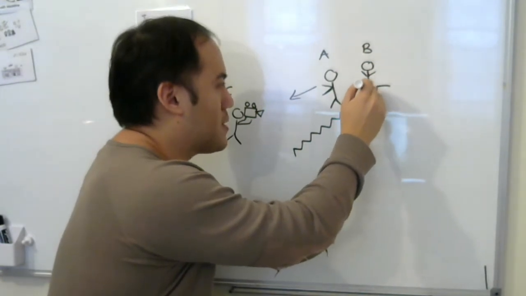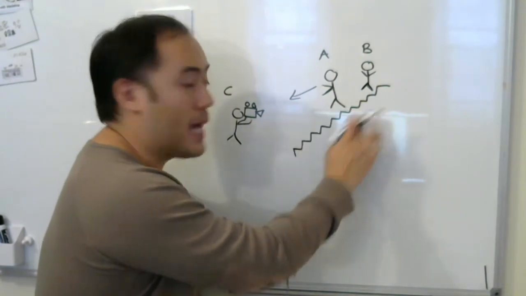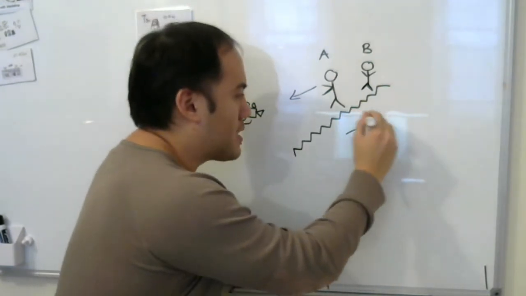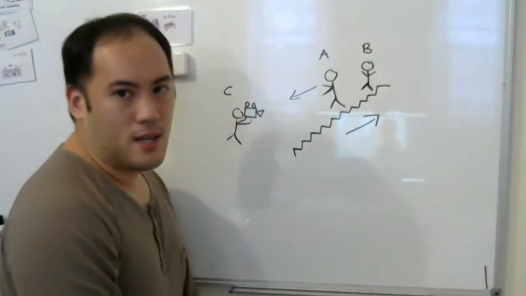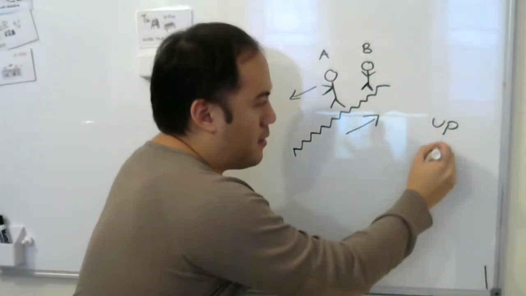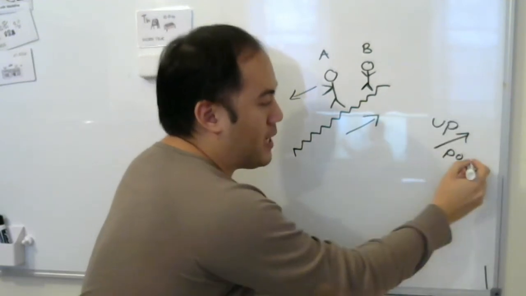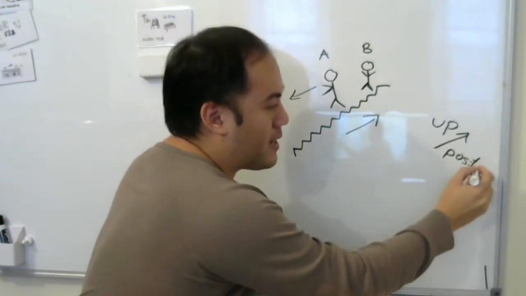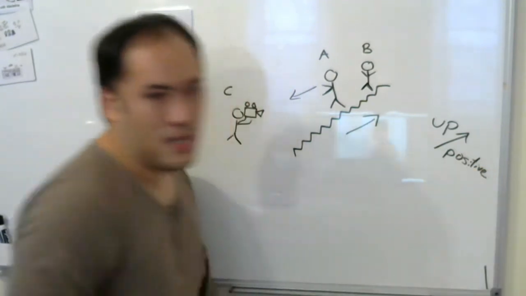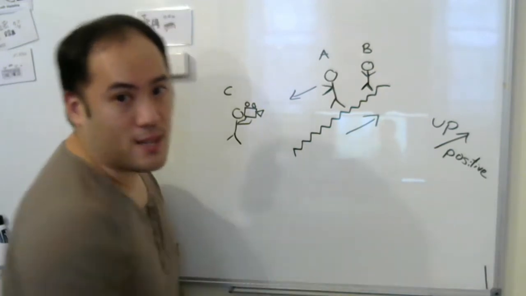A stationary person, person B, watching person A. And person B and person A are on the escalator going up. Let's call up the positive direction. It's not really up, it's kind of like up and right, but we can make anything up or positive. So this way is positive, this way would be negative in this problem.